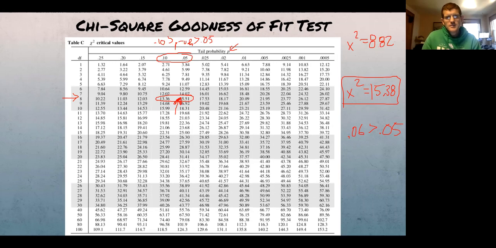Now in our specific case, our chi-square was 8.82, which is actually off the chart on the left side. So if I look over here, the only thing I can tell from this chart is, if I notice that my tail probabilities keep getting bigger and bigger as I go right to left, I know that my p-value is going to be greater than 0.25.